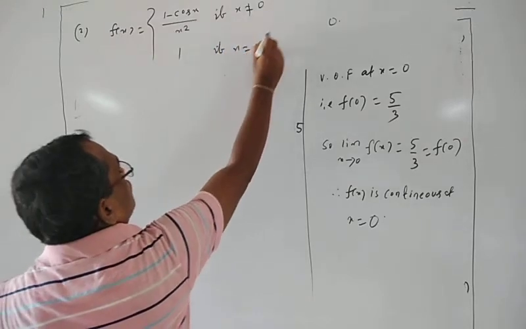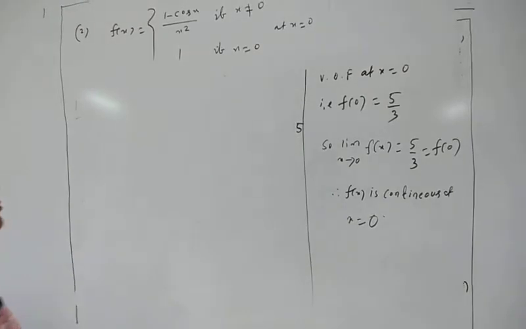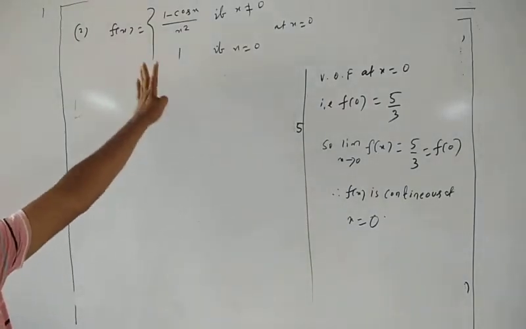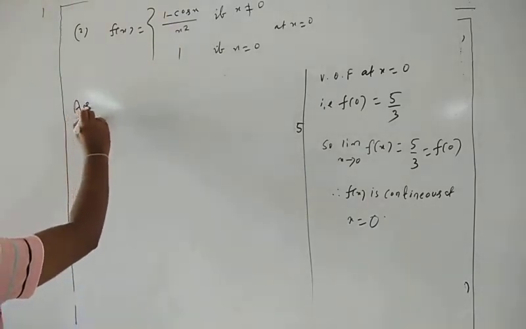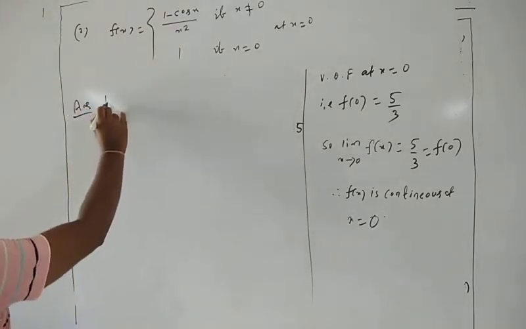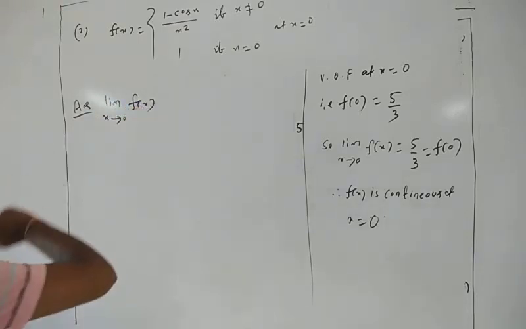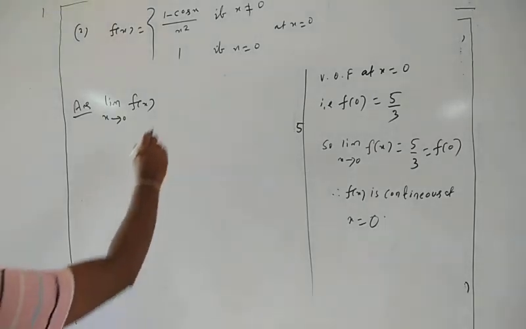Here, at x is equal to 0, we test the continuity at x is equal to 0. Same as before, first you have to find the limiting value. The limiting value at x is equal to 0 means you have to write the limit as x tends to 0 of f of x. So first of all you have to find the limiting value of the function at the given point.